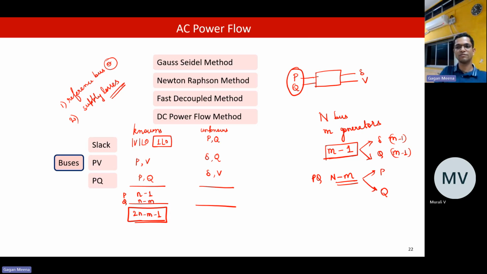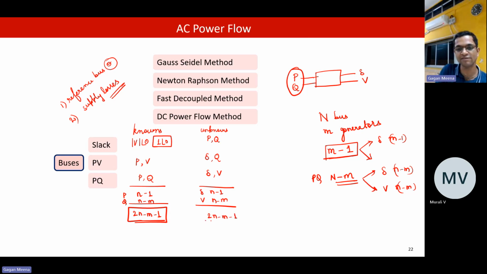For the PQ buses, angles are again N minus M and voltage is also N minus M. So in total the unknowns are also 2N minus M minus 1.